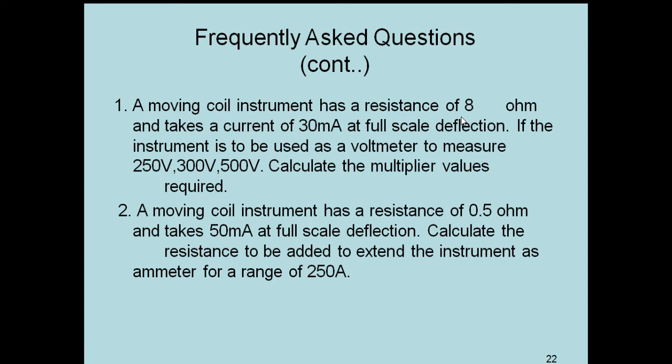So this meter they are extending to 250 amperes. Okay, so calculate Rsh. Rsh equal to Rm by (m minus 1). Okay, try to solve these problems in your free time.